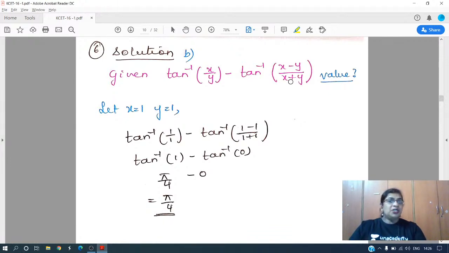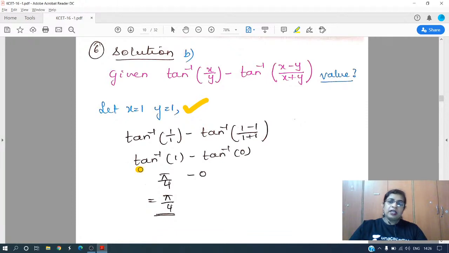Okay, yes. So take x is 1 and y is 1. Substitute here. Tan inverse of x by y is tan inverse 1. Minus tan inverse of 1 minus 1 by 1 plus 1. What is 1 minus 1? 1 minus 1 is 0 divided by 2. Otherwise it is not defined. Clear? So tan inverse of 0.